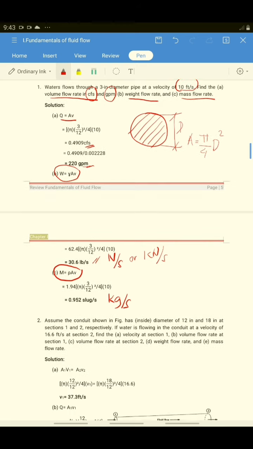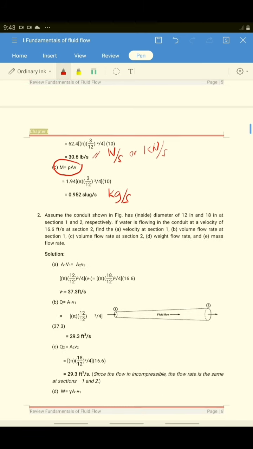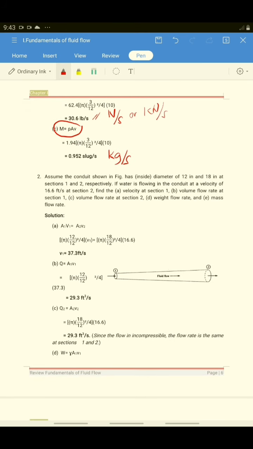Okay? For number 2, in the figure, the inside diameter of the pipe is 12 inches and 18 inches at sections 1 and 2. So your pipe is like this. It is increasing, no, from 12 inches to 18 inches.